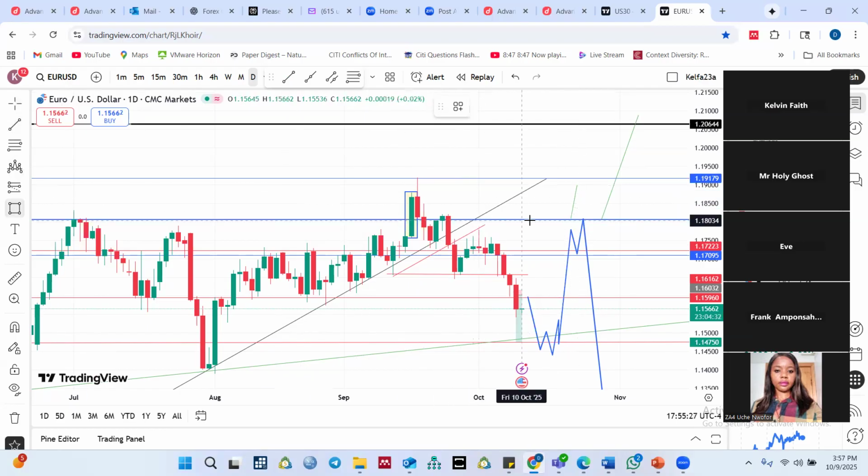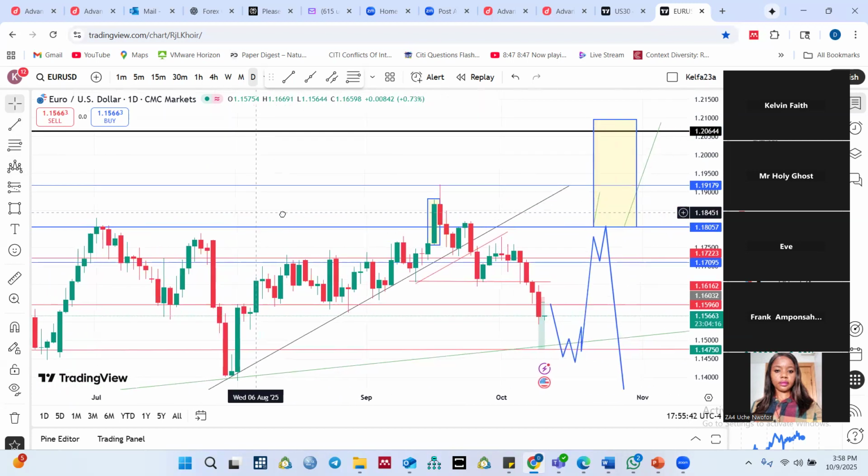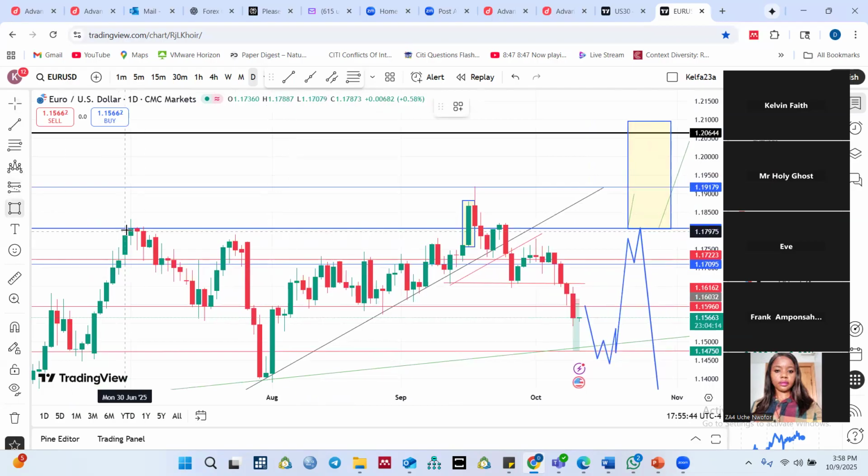Anytime price gets another big close above here, price can continue going up. That is the meaning of this big green candle closing above the blue line. Why am I convinced that that is the case? Because here we did not get a big close.